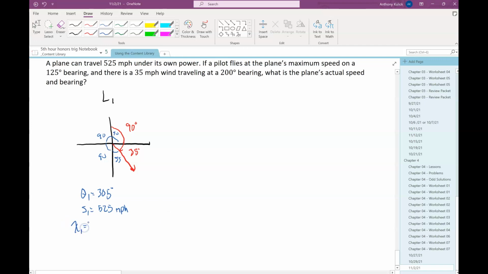So the horizontal component of my speed is going to be 525 cosine 305, and the vertical component of my speed is going to be 525 sine 305. So far, so good?